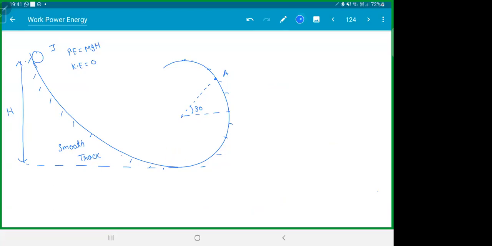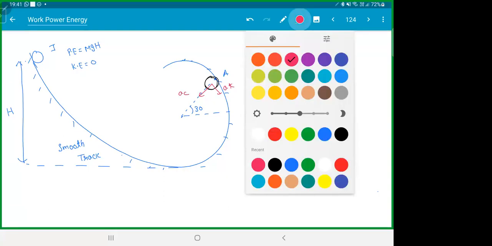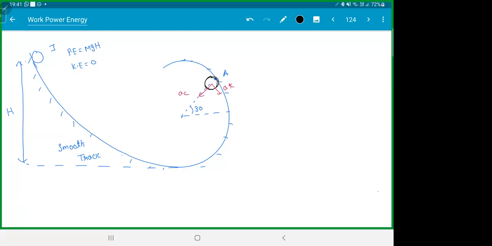So at this point, when this ball is here, it will have 2 accelerations: centripetal and tangential. The resultant is the combination of these. And what is this height here? This height is R sine theta, so the total height will be 3R by 2. And H minimum is 5R by 2, so 2 times that.